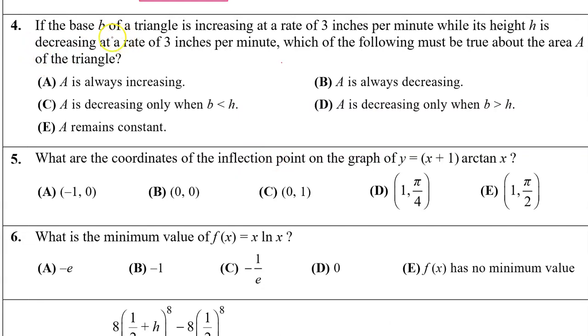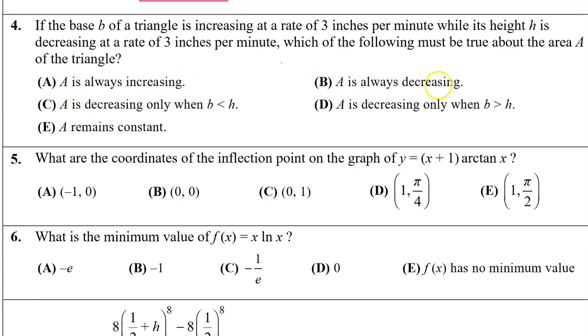Number 4. If base b of a triangle is increasing at a rate of 3 inches per minute, while its height is decreasing at a rate of 3 inches per minute, which of the following must be true about the area of the triangle? And then we have all of these choices, but let's look at a couple of them. Choice A, A is always increasing.